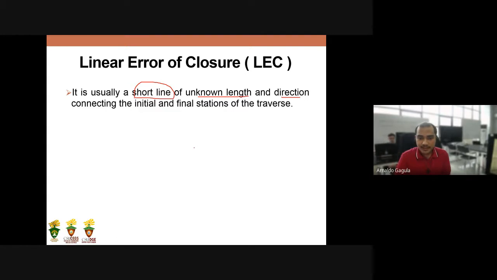For example, when you do a traverse, there is an error, so the ends do not meet. You need to know the distance and also the direction. Because in your survey, you returned to the starting point, but when you plot it, they do not meet. This is due to the different kinds of errors: random errors, systematic errors, and so on. So that's the linear error of closure.